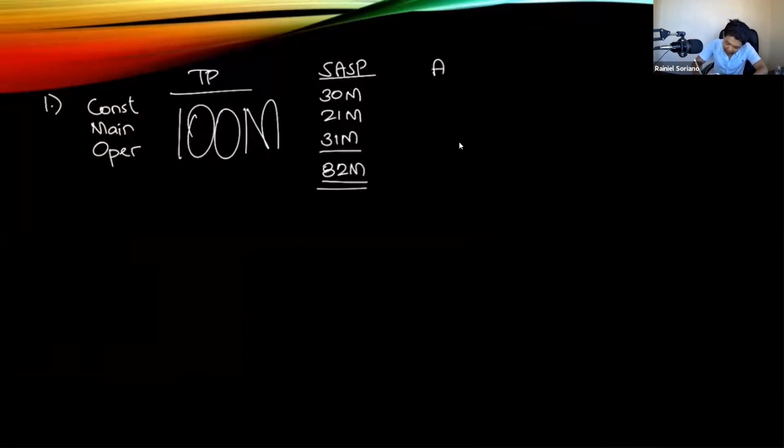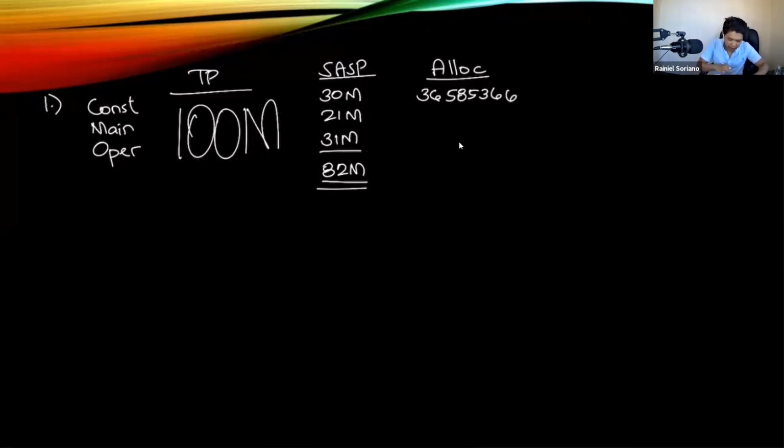Okay? So how much will be our allocation? Calculator please, once again, 100 million times 30 over 82 million, or this is equal to 36,585,366.